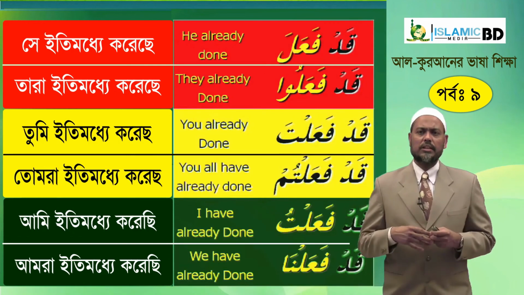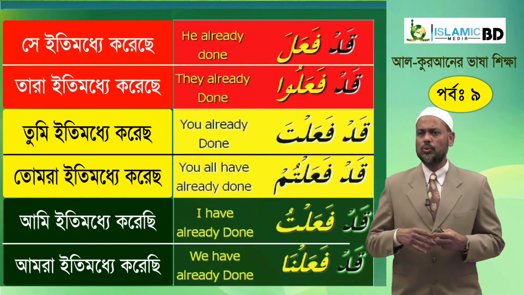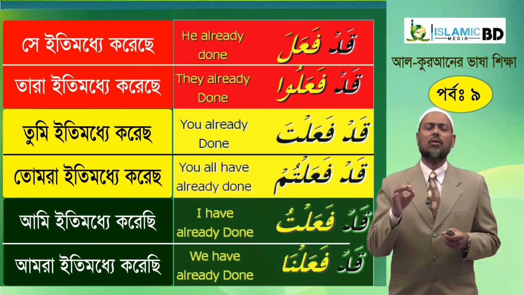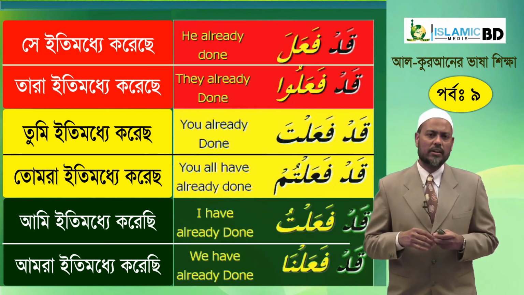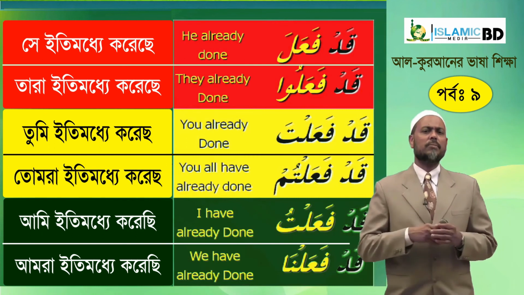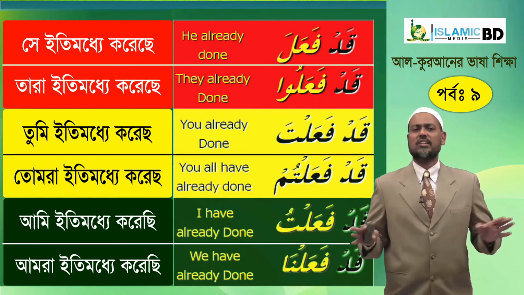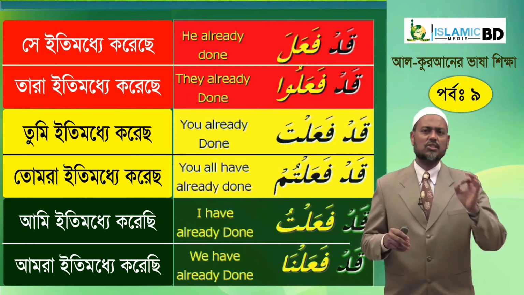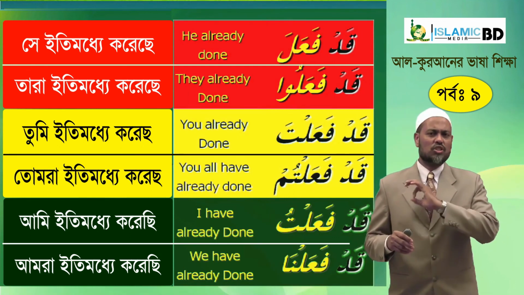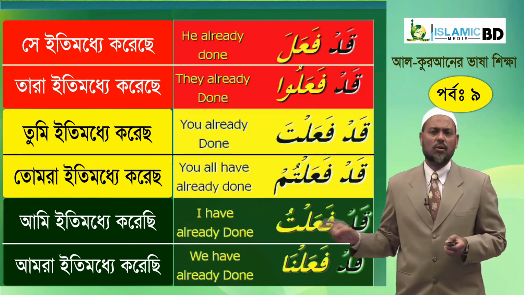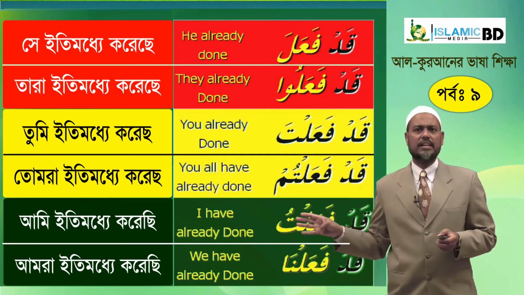With fi'l madi, sometimes you see the word qad preceding it. Qad means already. Like you hear qad qamati salah, the prayer is already established, already started. Qad qamati salah is to emphasize something which has already been done. So qad fa'ala, he has already done. Qad fa'alu, they have already done it.